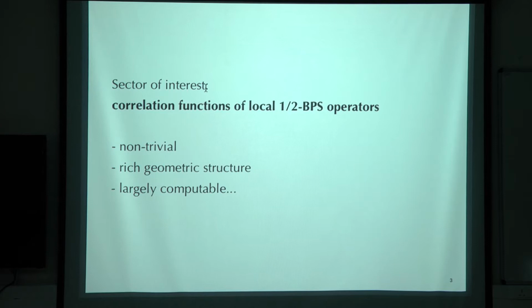They are determined, say, at tree level. There's also a rich geometric structure underlying many of the properties of these local half-BPS operators that will be useful in the treatment of the relevant physics. And we will also see that although they are non-trivial, these correlation functions seem to be largely computable. Okay?